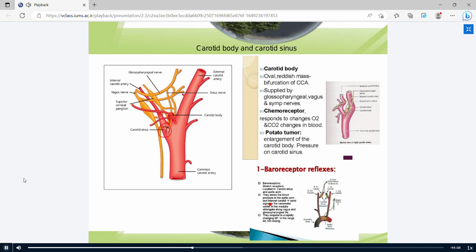If the blood pressure changes, the carotid sinus sends a signal to the medulla oblongata via the vagus nerve and glossopharyngeal nerve. There is another sinus, the aortic sinus in the aortic arch, and this one is a baroreceptor similar to the carotid sinus.